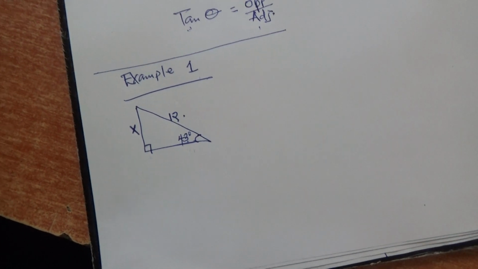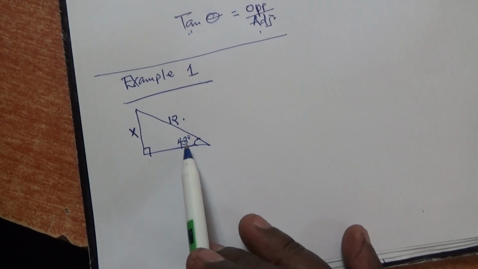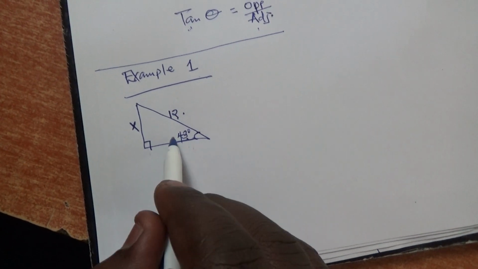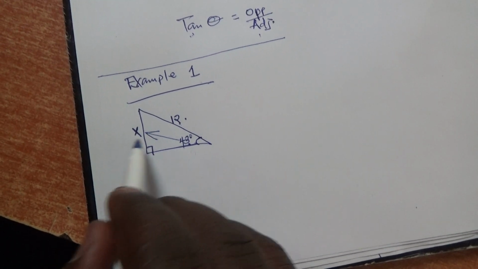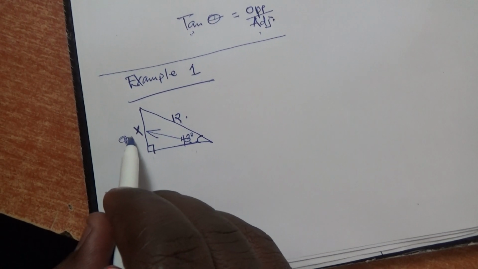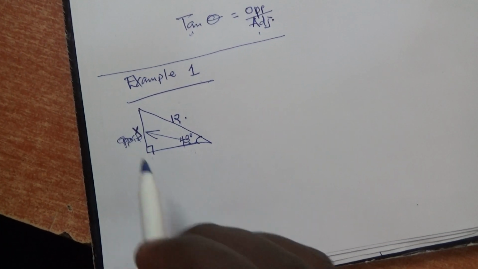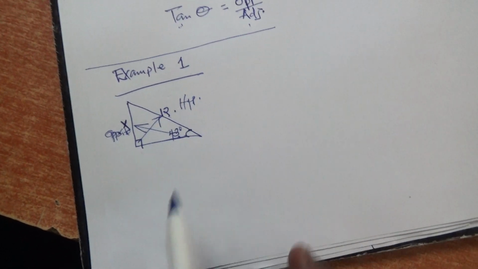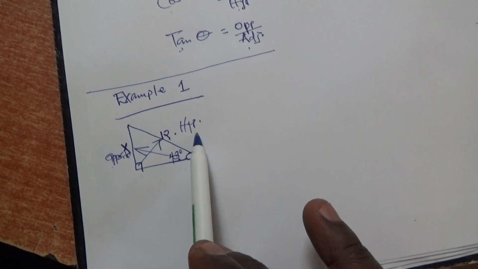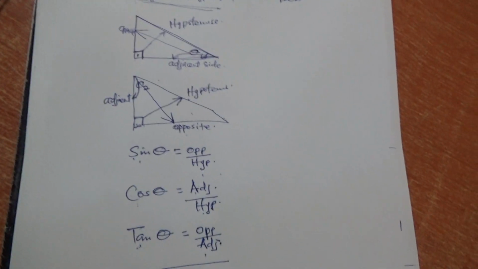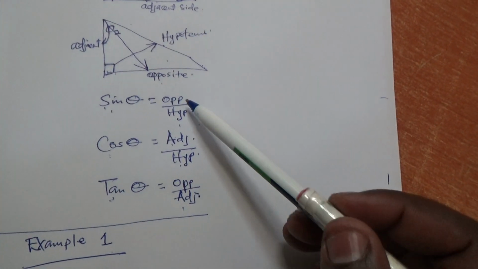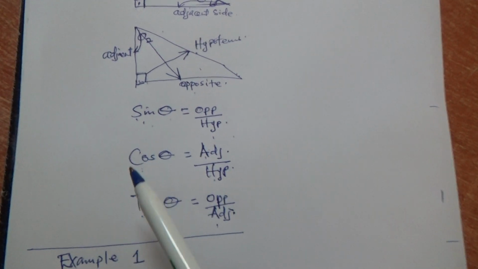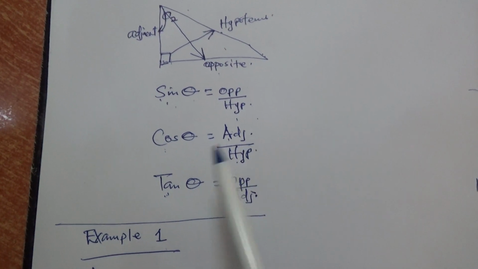So in other words, you have the angle, and from this, you know very well that this is the opposite side. And of course, this is the hypotenuse. So opposite and hypotenuse, then we are looking for sin theta. All right?